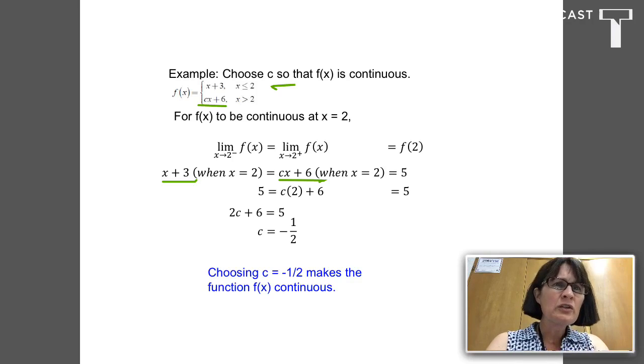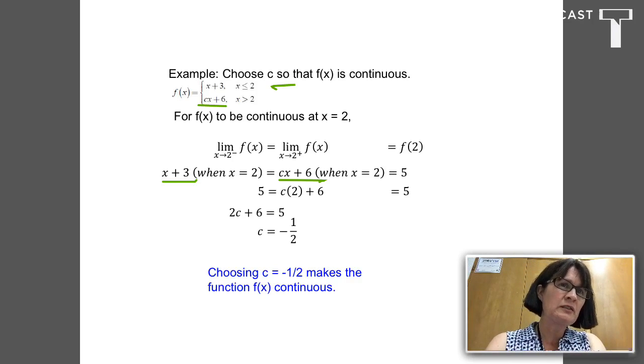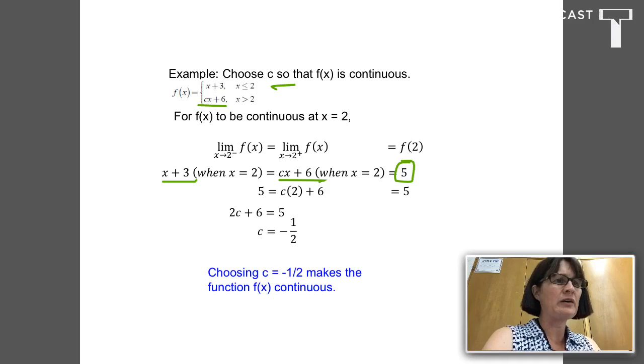In this case, look at the domain of your function, the two pieces. Which piece got the underline? So if you actually tried to plug in 2, which rule would you use? It's the top rule. I'm going to plug in 2 for x plus 3, and that result is 5. So the limit from the left has to equal the limit from the right, has to equal the actual function value. So I have a three-part equation here. x plus 3 when x equals 2 is also equal to 5.